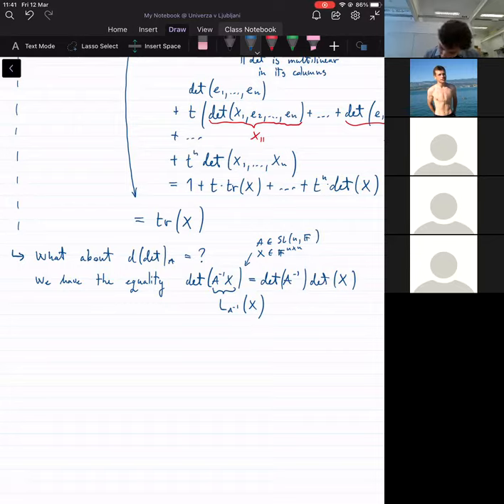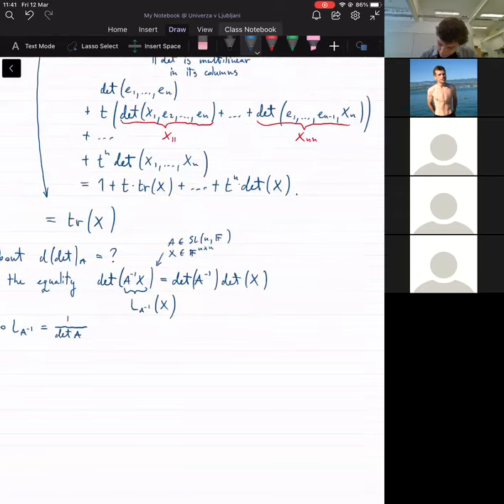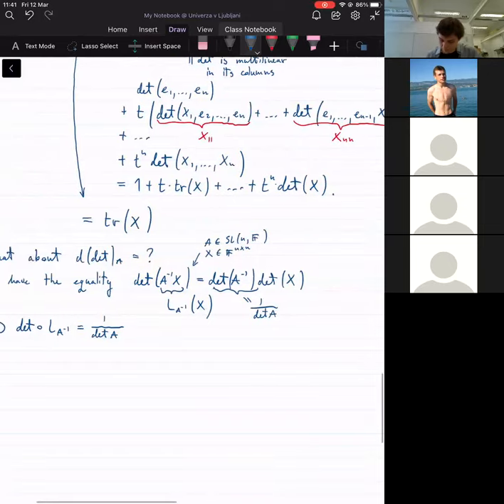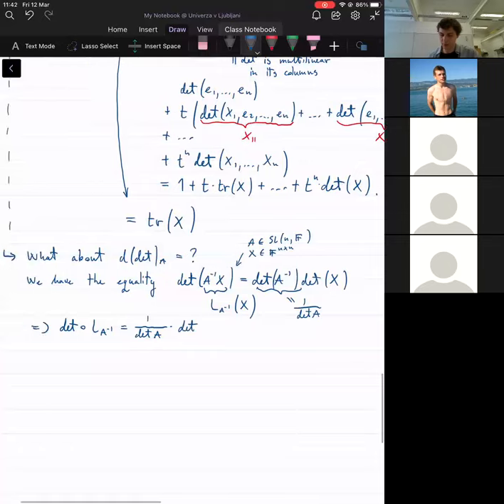So what this means is that we have the equality: determinant composed with L_{A^{-1}} is equal to, so now this is 1 over det A, right? Because this thing here is nothing else but 1 over det A. And now times, this is not the composition sign, but the times sign, the determinant. Okay, so we have this equality.